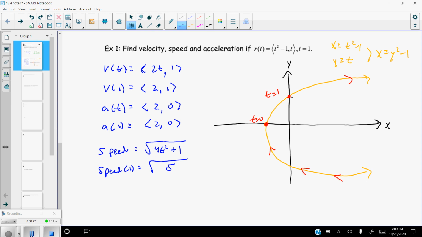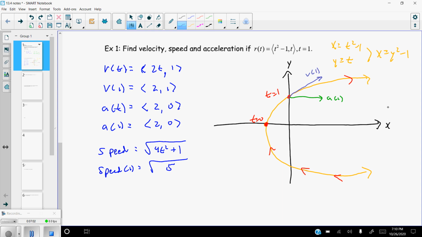So it probably looks like something like this, which makes sense because, again, it should look like it's tangent to the curve. And then we have the acceleration, which is 2, 0. That's going to be to the right, straight 2 units, just like that. So this one would be your acceleration at 1, and this one right here was our velocity at 1.